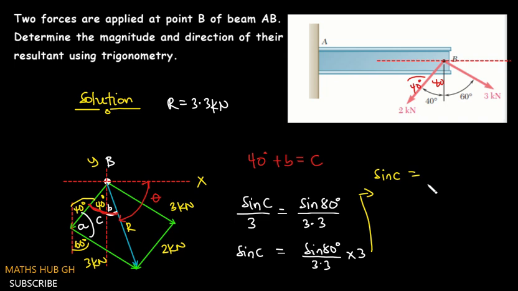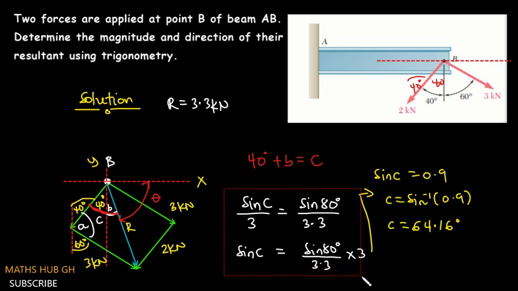That gives us a value of 0.9. So C will be equal to the sine inverse of 0.9. Let's see what you are going to get. So the sine inverse of 0.9 will give us a value of 64.16 degrees. So that's the value of angle C.